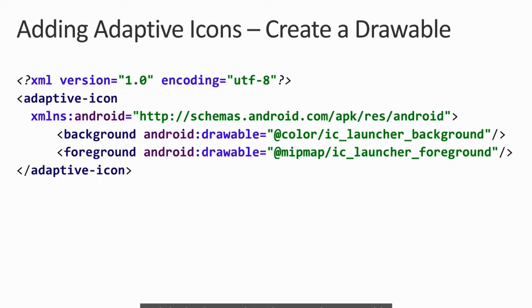The background can be any other drawable. The biggest limitation there is that it cannot specify any transparencies. The foreground likewise is any other drawable. In this example here, it is a mipmap, probably the original icon from the application, and it can be any drawable within your application or within Android, and the foreground is allowed to specify some transparencies.